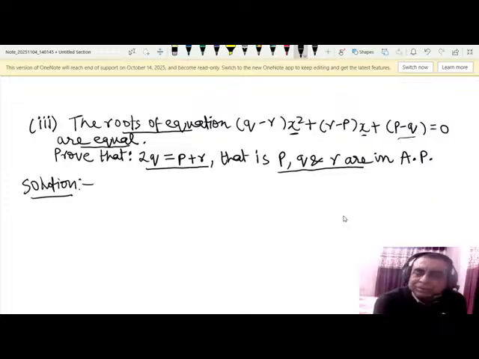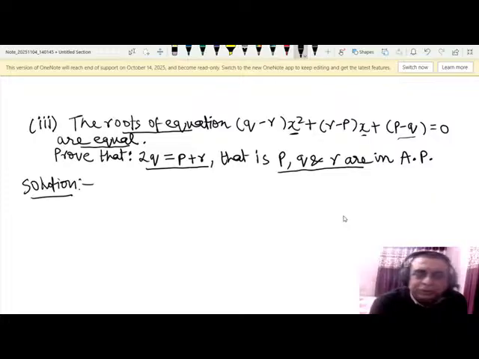If three terms are in AP, then 2 times the middle term value is equal to the sum of the first term and the third term. So that we have to prove.